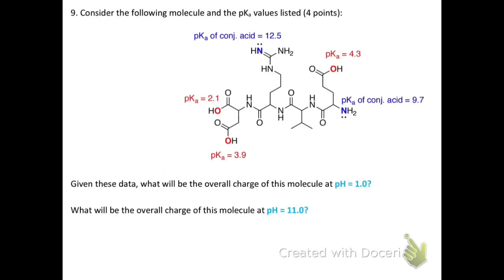All right, in this problem, here we have this polypeptide, and we want to know the overall charge at 2 different pHs. So this falls down to one rule, and that's if pH is greater than the pKa, that means that a particular functional group is going to exist in its deprotonated form.